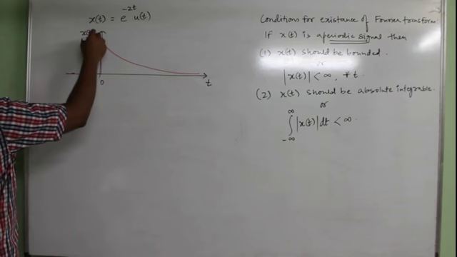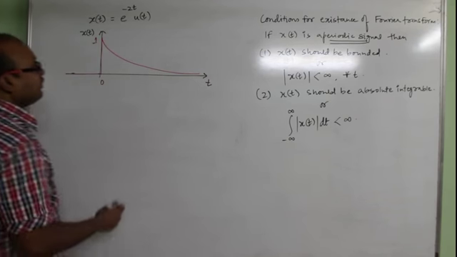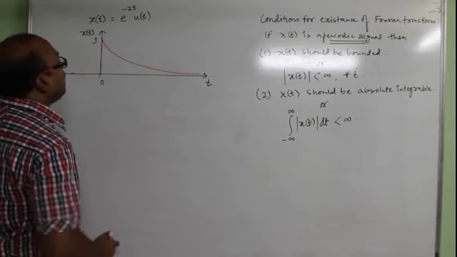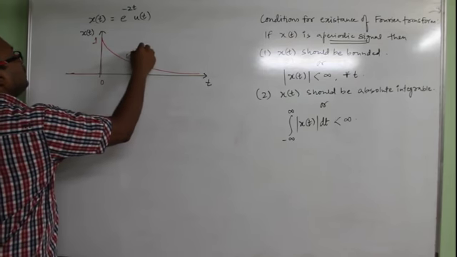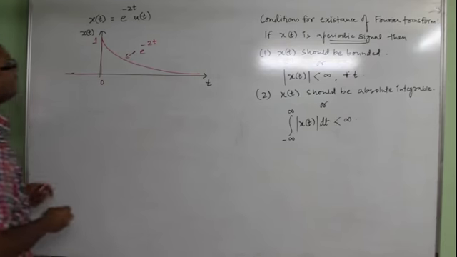At t equals 0, the value of the signal is 1, and as time progresses, the signal decays exponentially. This signal is e to the power minus 2t.